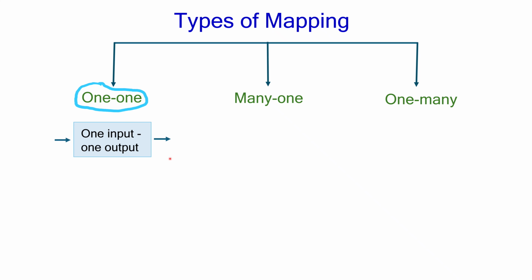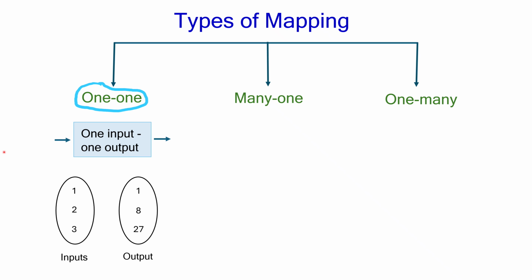For example, a person has only one passport. So, only one person and one passport. Similarly, each passport belongs to one person. So, one input, one output. Now, we will try to focus on the same concept with the help of numbers.